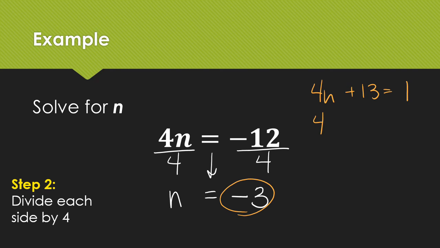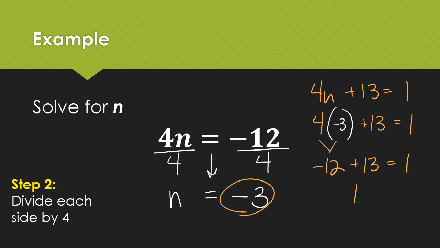So we have 4 times -3 plus 13 is equal to 1. 4 times -3 gives us -12, plus a +13 equals +1, which equals 1. So we know that both steps that we did, step 1 and step 2, check out to make n equal to -3.